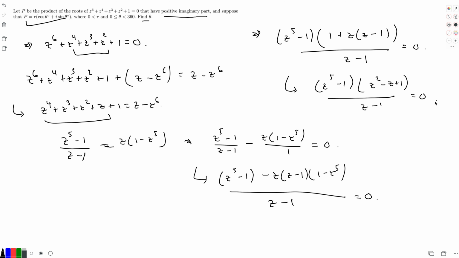Okay, so now let's list the roots of unity, and we need to make sure we follow the constraint that they have a positive imaginary part, meaning that the angle is in the first or second quadrant.